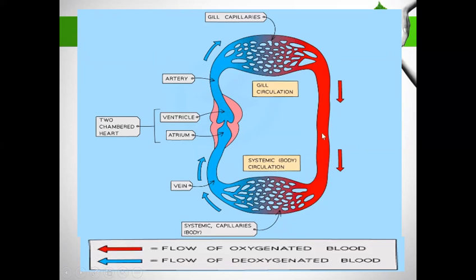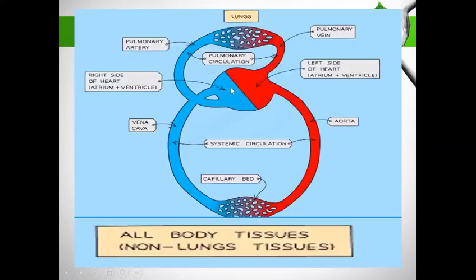Each tissue takes oxygen and gives out carbon dioxide, then this blood with a high amount of carbon dioxide, or deoxygenated blood, enters the atrium again. So this is what we call single circuit circulation. As you can see, only one circuit is there.